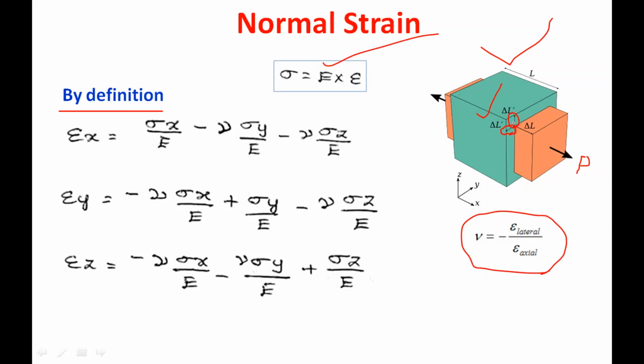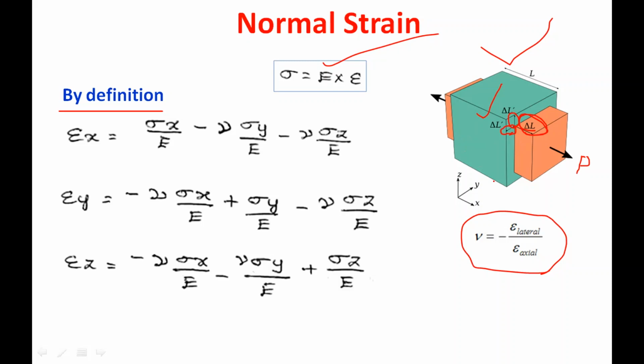This is the deformation in the transverse direction, transverse with respect to the load acting direction. When you measure this strain, that is the deformation in the transverse direction divided by the original length, it will give you the lateral strain. Similarly, this deformation del L along the load direction is called axial deformation or longitudinal deformation.